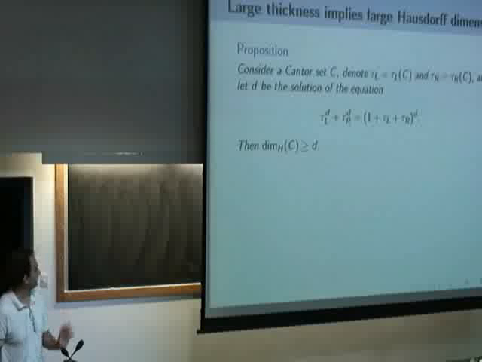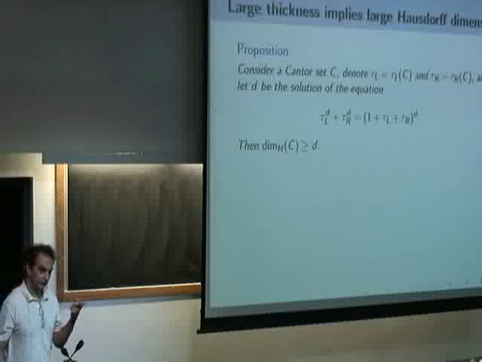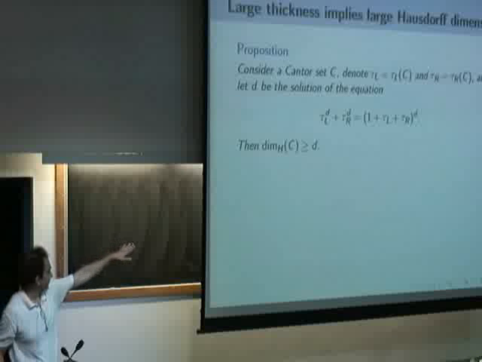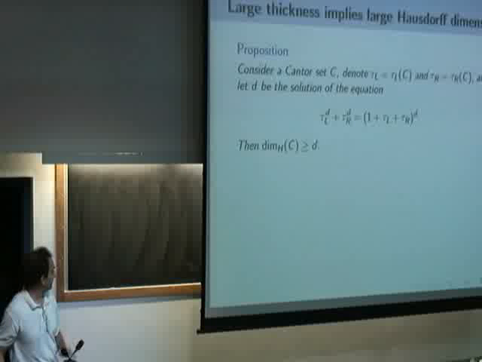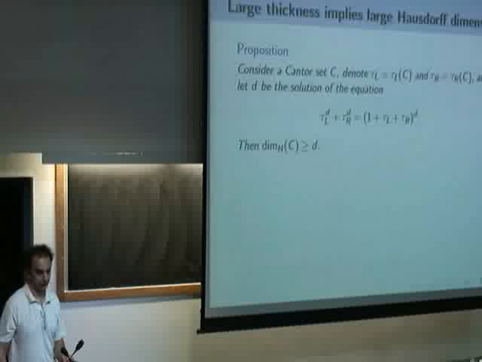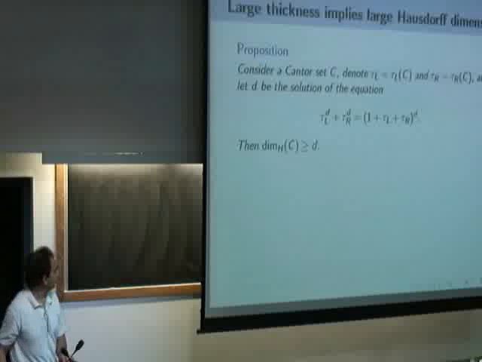If you have a Cantor set with two different thicknesses, right thickness and left thickness, then you can find the solution of this equation. There is exactly one solution D of this equation, and it turns out that the Hausdorff dimension of that Cantor set is necessarily bounded below by that D.